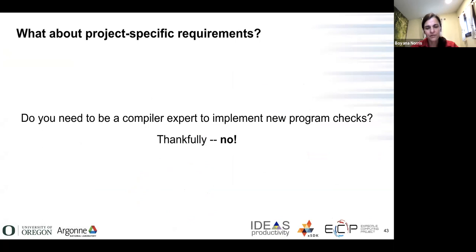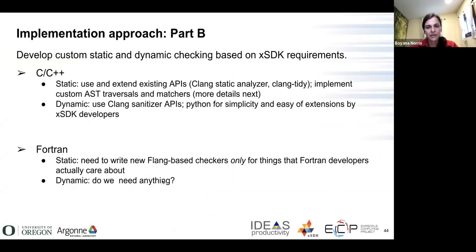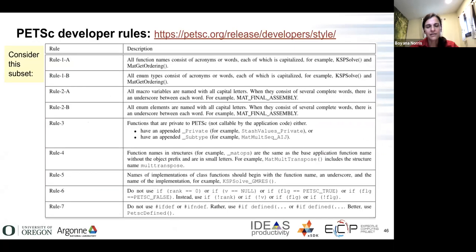Then what if you want special checks? Do you need to be a compiler expert to write your own checking? And the answer is no. I'll show you a PETSc example. PETSc is a large C toolkit of nonlinear and linear solvers. And we have looked at its documentation for developers, the developer guide, and extracted a few of them verbatim here.